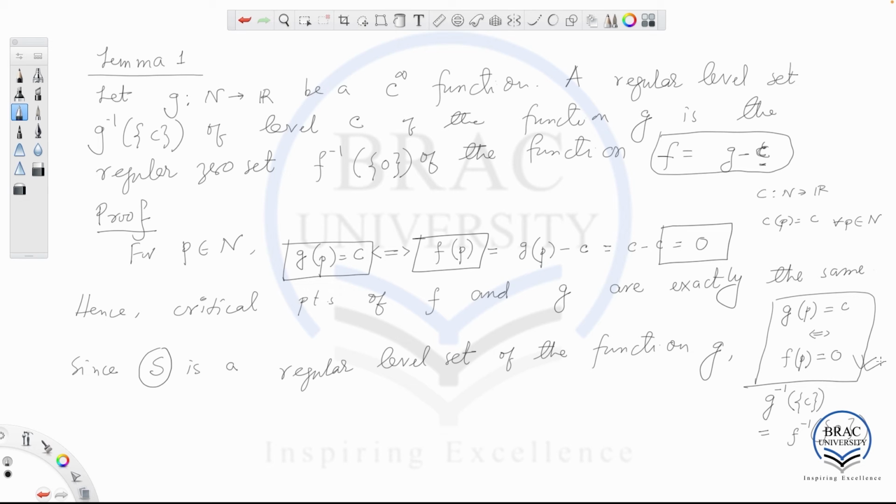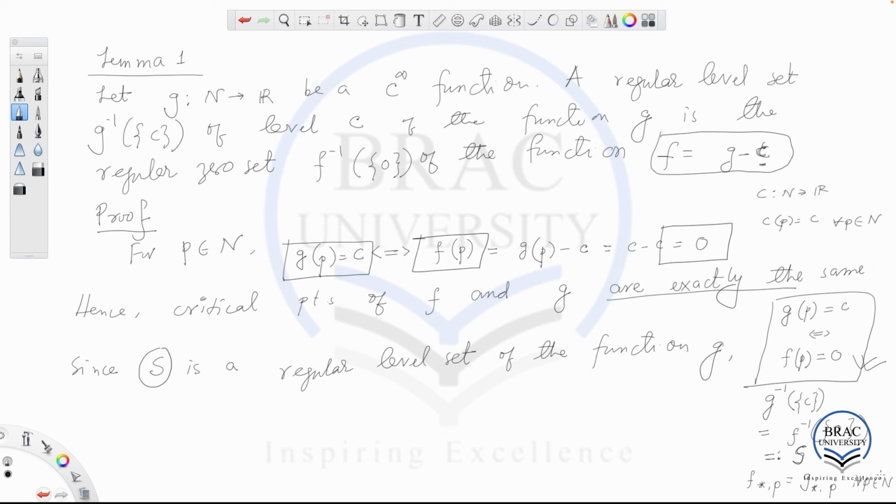Follows from this. And we call this set S. Okay, and we see that the critical points of F and G are exactly the same from the fact that F star comma P is equal to G star comma P for all P in the manifold N. So that proves that all the critical points of these two functions are the same.